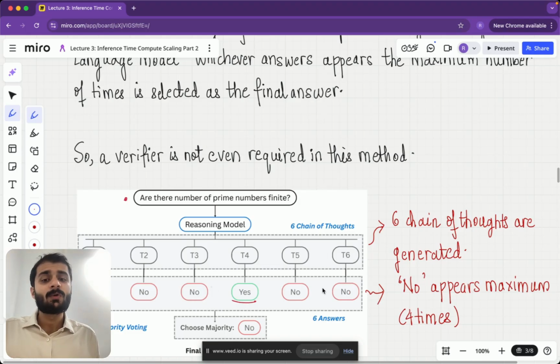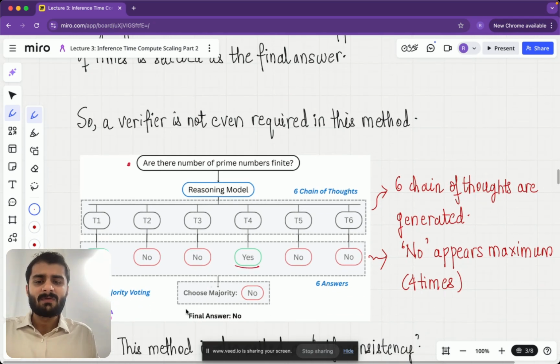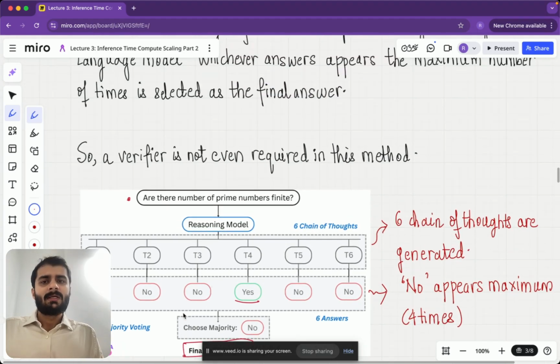The majority is no. So we will choose the majority in this case, and the final answer we will pick as no. This method is also called self consistency, but this is probably the first thing which came to mind when people thought of verifiers, that let's sample a lot of answers and pick the answer which comes the maximum number of times.